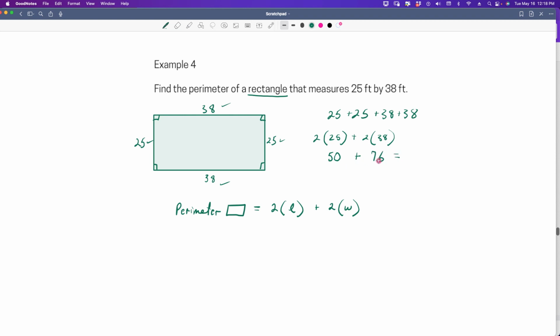When we add 50 and 76 together, we get 126 feet of fencing that we are going to need for our yard. So that is an everyday situation where you might have to use perimeter.